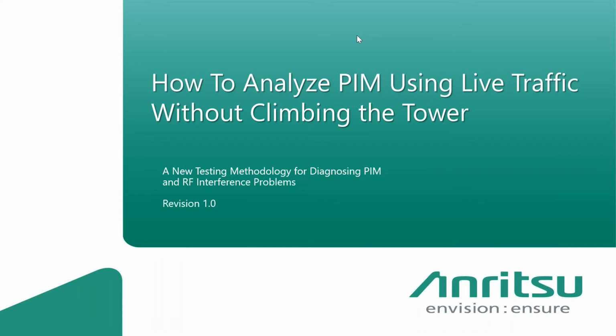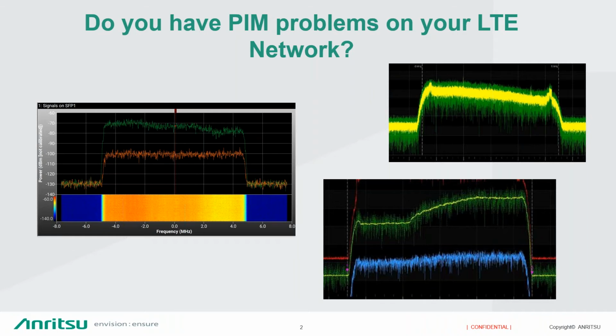Today we're going to talk about how to analyze PIM using live traffic without climbing the tower, which is a pretty big promise. So let me get into it here. I have a very big question for everybody who's on the call, and I think you're here because of PIM. But the question obviously is, do you have PIM problems on your LTE network?